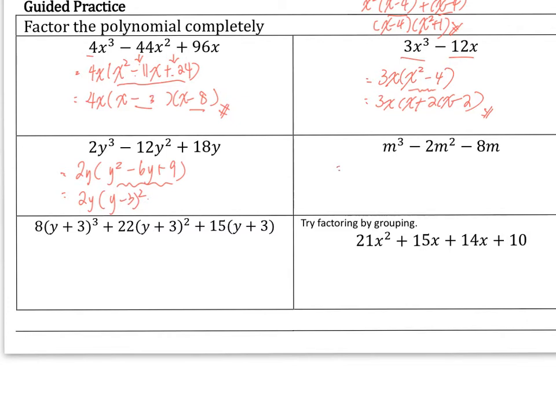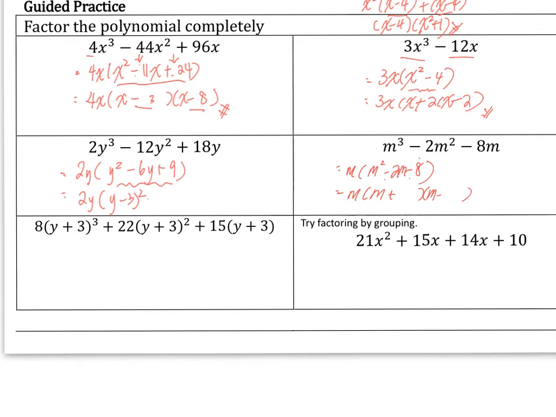And for the next one, I can factor out the m. And I notice that this is not a perfect square trinomial, so I need to find the product of binomial factors. So, negative, negative, positive, negative.